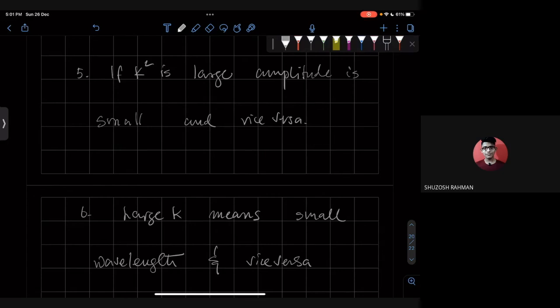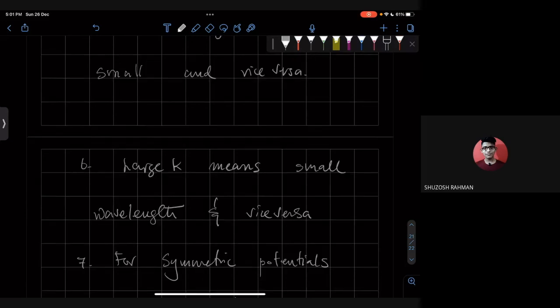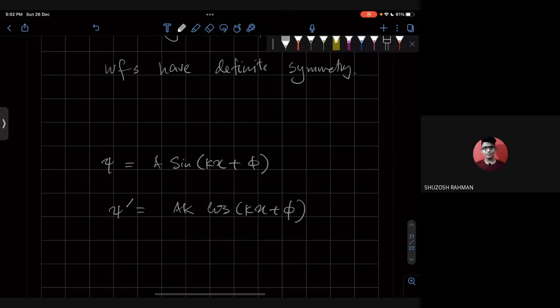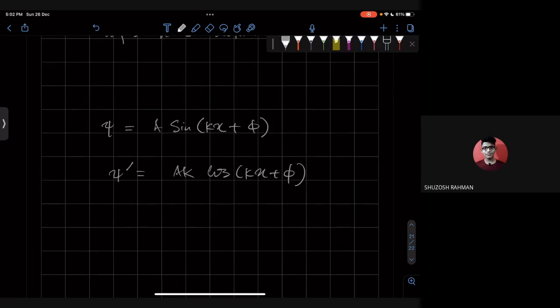So what happened with 5 is that we found that psi is, say, A sine of kx plus phi. And so psi prime is Ak cosine of kx plus phi. So if I do psi squared plus, say, let's call this m squared by k squared, then I have A squared, right?